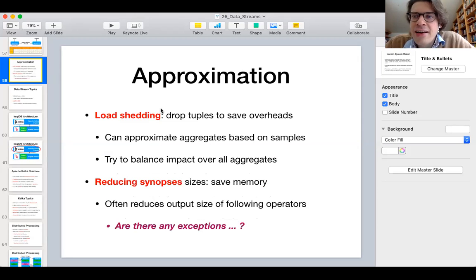Can you think of any SQL operations where the output size actually increases if one of the inputs decreases in size?